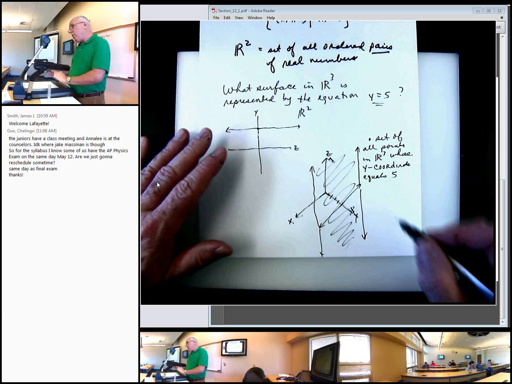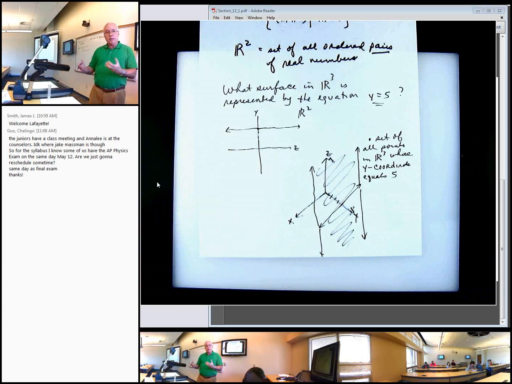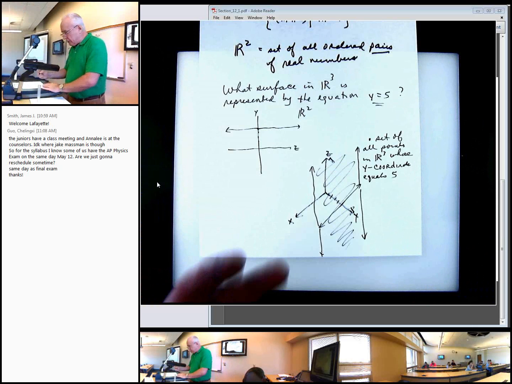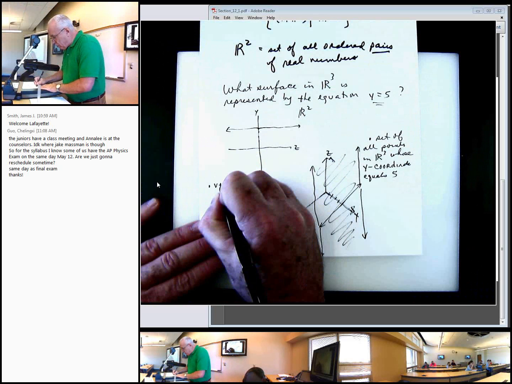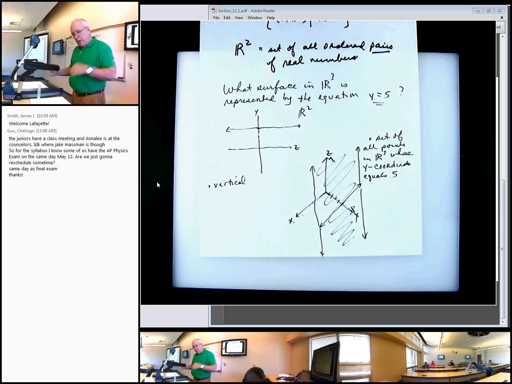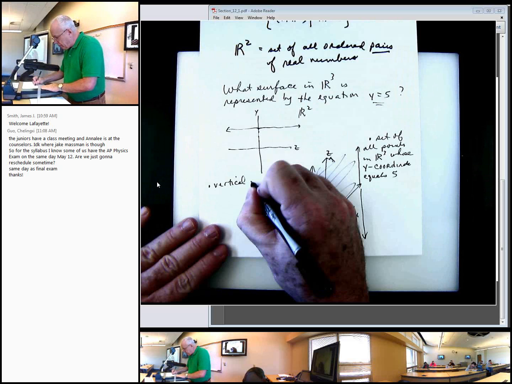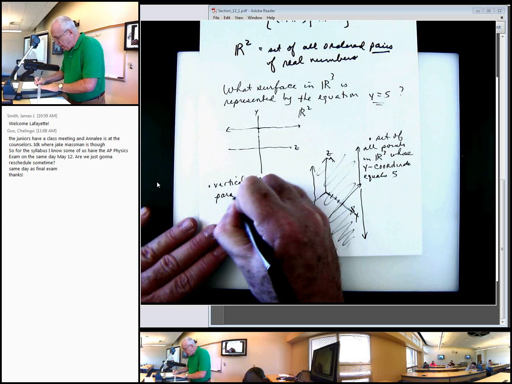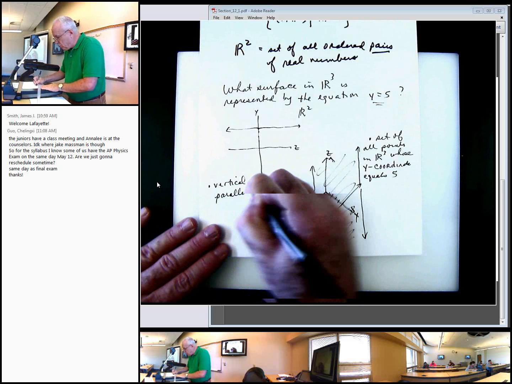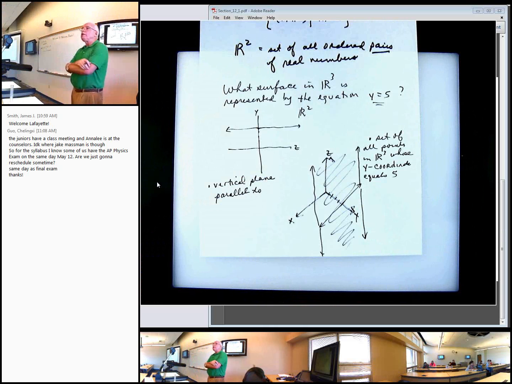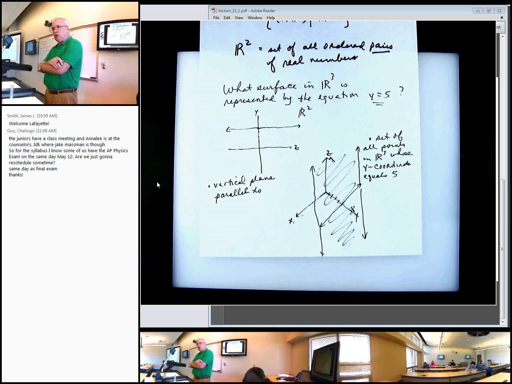So another way that I could describe this equation is this. It's a vertical plane because it certainly goes up and down. The vertical plane parallel to, okay, what coordinate plane would this be parallel to?